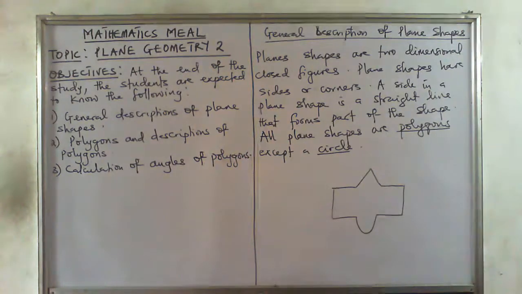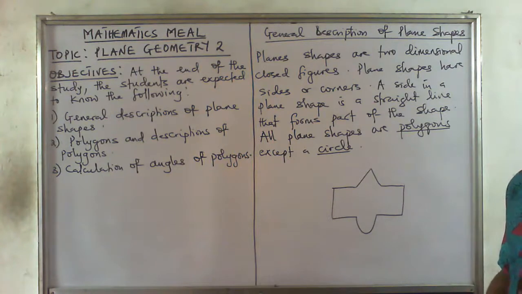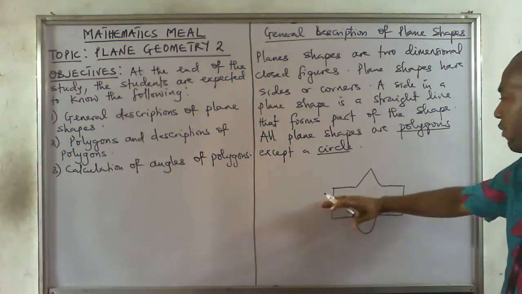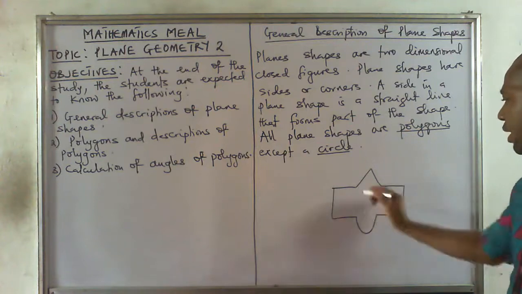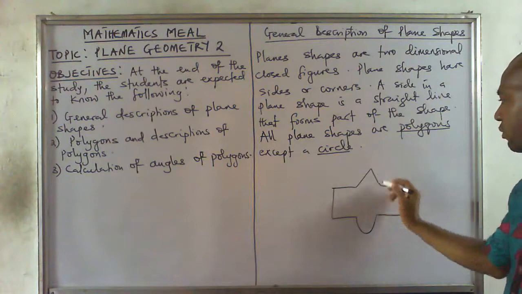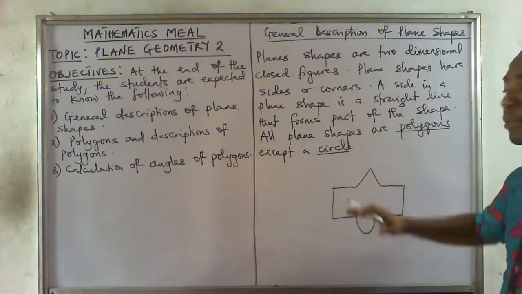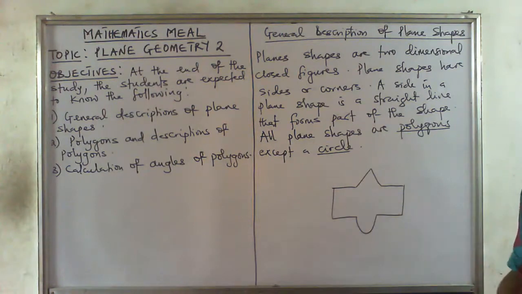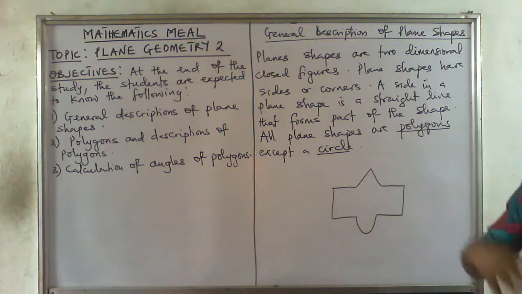You can have something like this. This plane shape is not uniform. You see that? It's not a uniform plane shape because it has so many shapes joined together. Here we have a triangle, a sort of. Now here we have a sort of semicircle. So this one is composite. We are going to look at this more when we begin to look at mensuration.